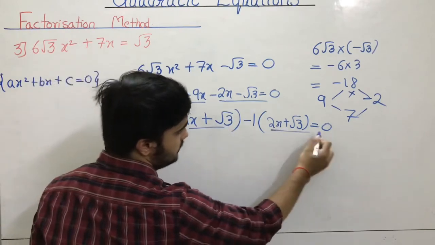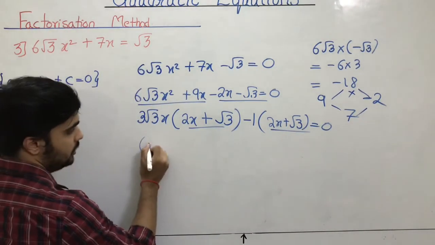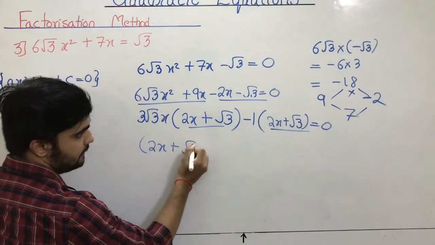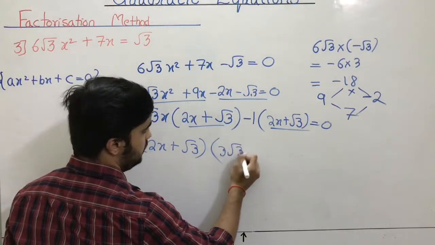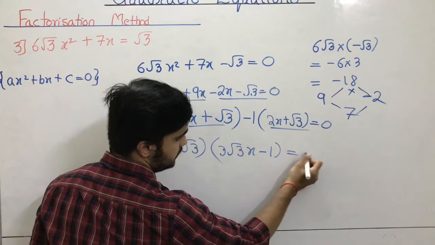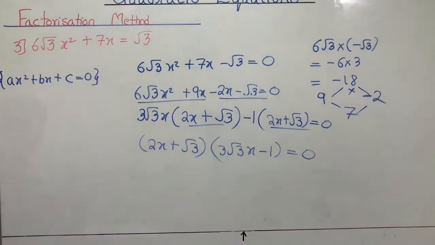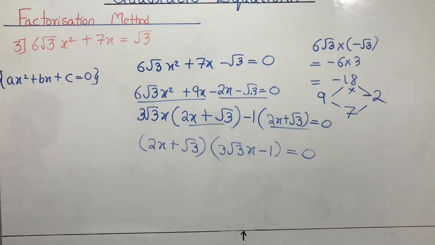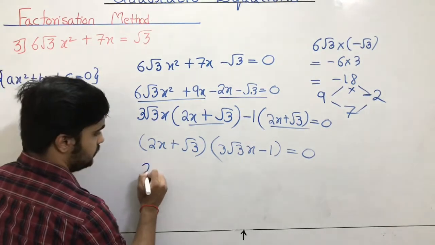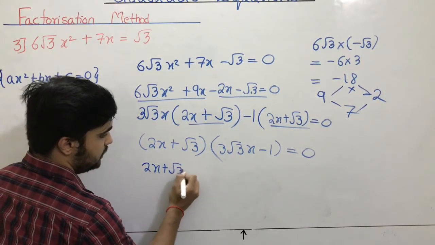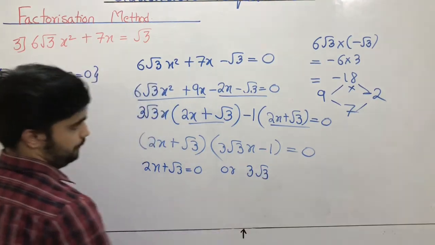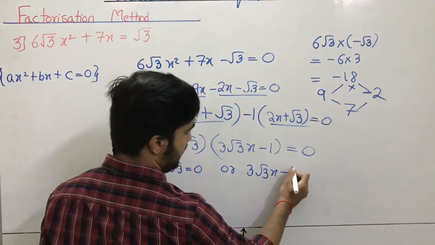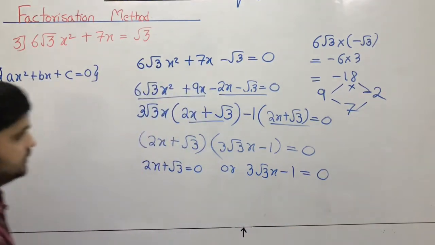Now this and this are same, so we can take it common. So 2x plus root 3, and in next bracket we'll get 3 root 3 x minus 1, which is equal to 0. So we can write 2x plus root 3 is equal to 0, or 3 root 3 x minus 1 is equal to 0.